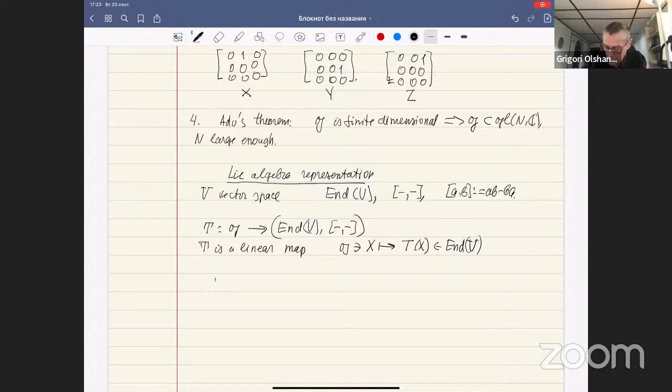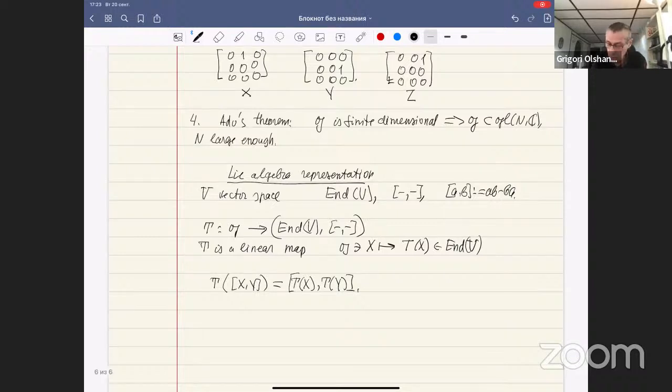So if we apply T to the bracket of some two elements, what we get is the commutator of the corresponding operators.